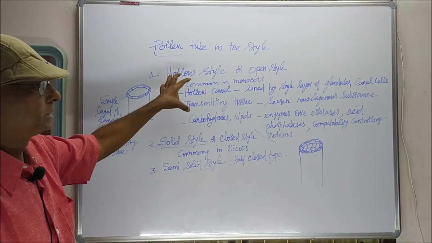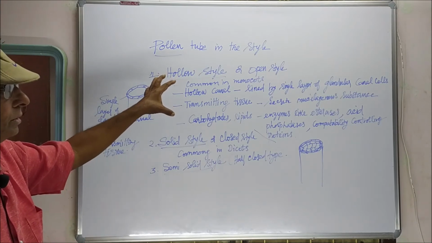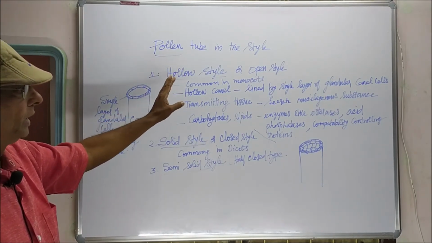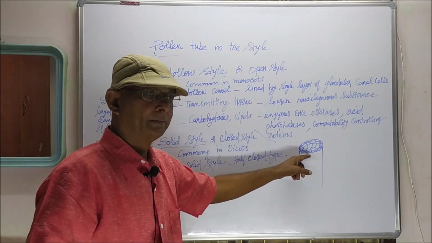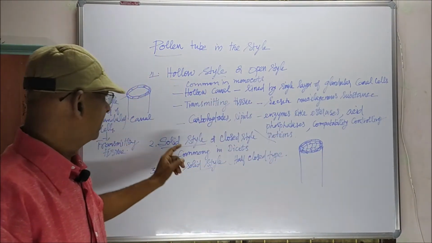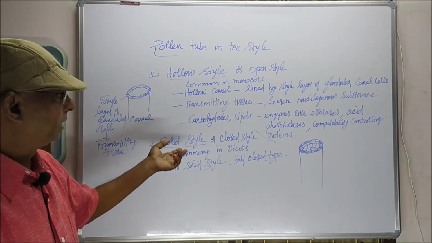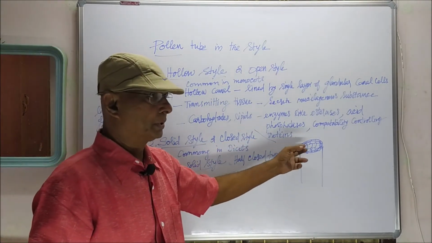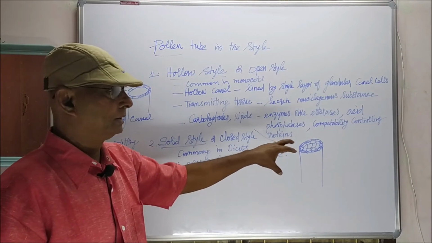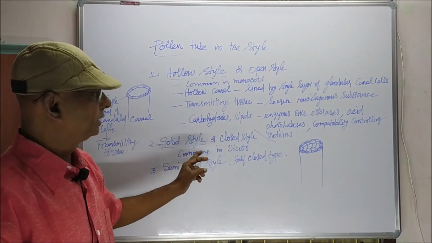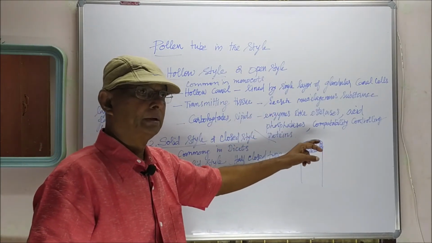Here the structure and functions of the transmitting tissue are completely equal to those of the hollow style. Or in other words, you can say the transmitting tissue occupying the central portion of the closed or solid style is considered as the transmitting tissue.